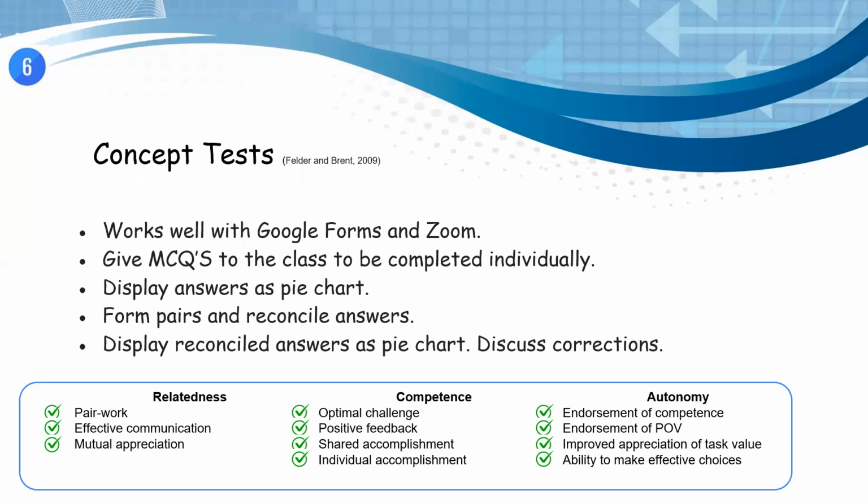So first, the teacher should give a set of multiple choice questions to the class to be completed individually. After the students have answered them individually, the student answers should be displayed as a pie chart or as a visual chart of some kind to the entire class.